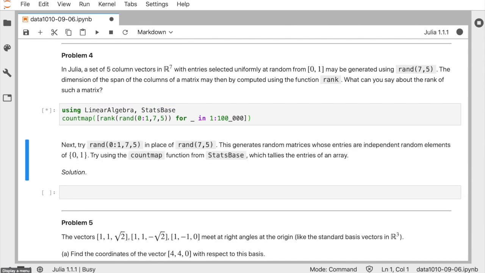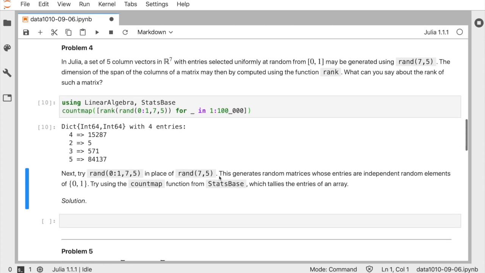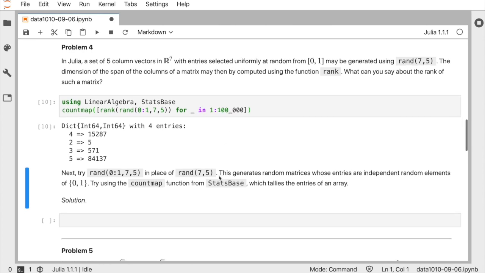And you can even get some 2s if you run more. There's about, in this case, 5 2s out of 100,000. So the point is that it happens not terribly infrequently that with this particular rule for generating new entries, you happen to get one that is in the span of some previous ones.